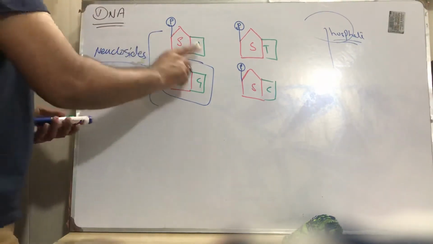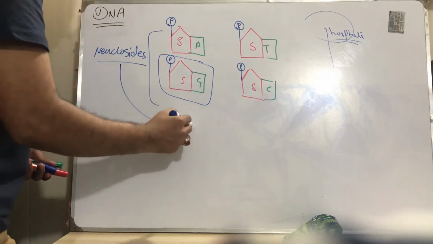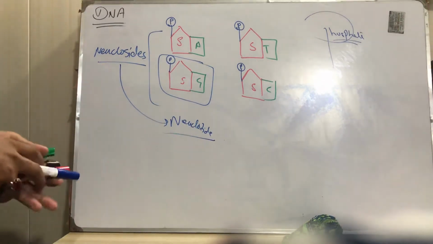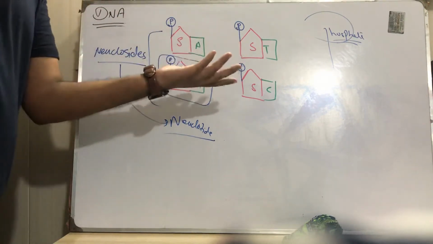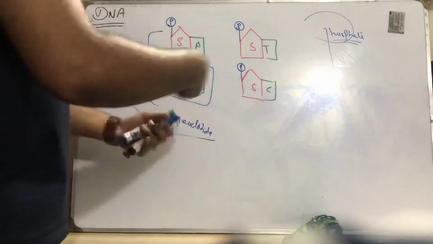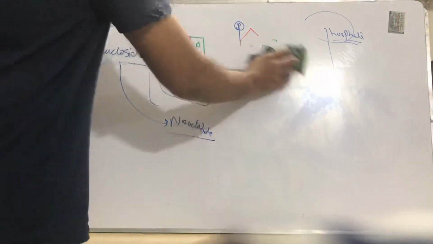So the nucleoside converts into a nucleotide. Initially we said that DNA is a linear polymer of nucleotides. So we get the nucleotides, and now we will put nucleotides together and synthesize new DNA.